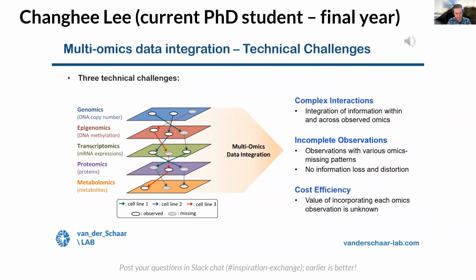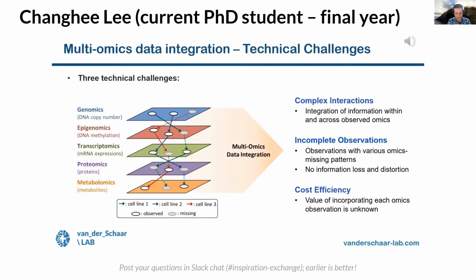However, such an integrative analysis has the following three technical challenges. First, complex interactions within and across observed omics layers need to be properly addressed for optimal predictive power. Second, due to non-uniformity and technical limitations, the integrative analysis involves learning from incomplete observations with various omics missing patterns.